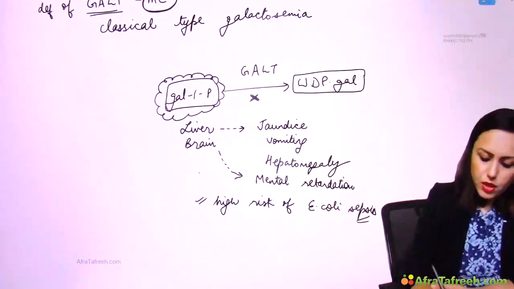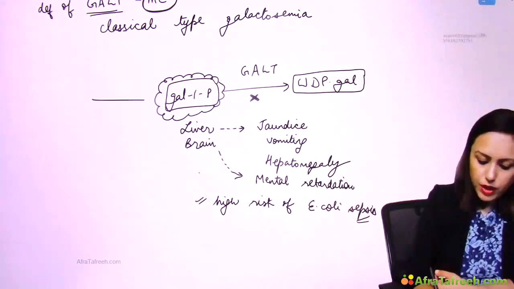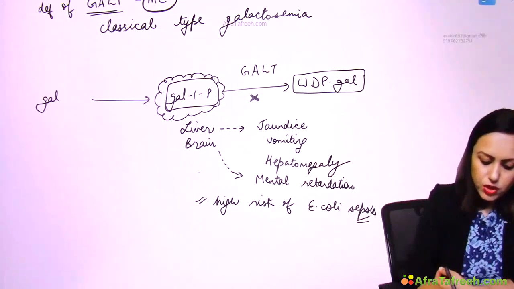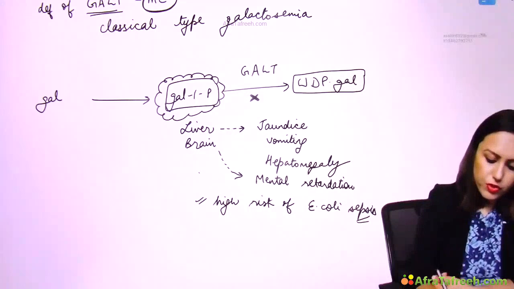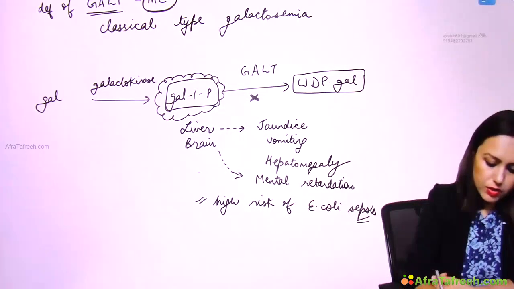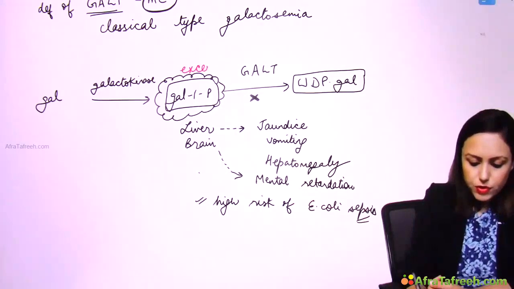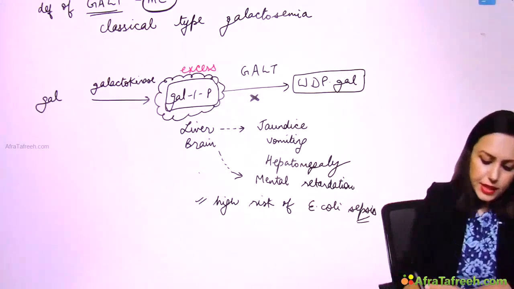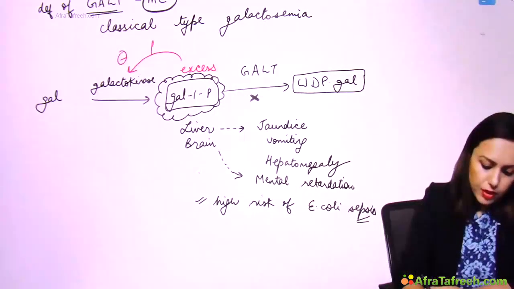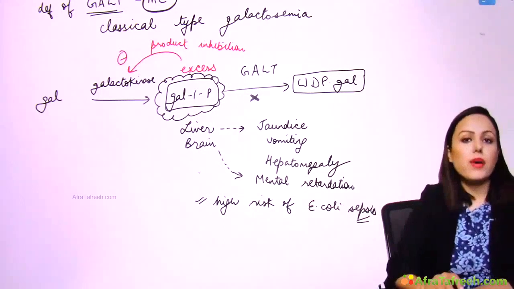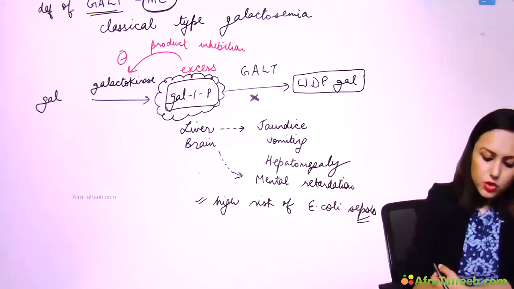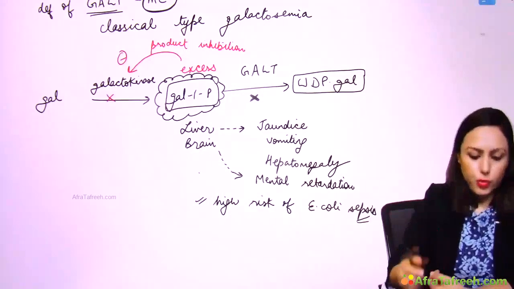See how? You know that before galactose 1-phosphate, which reaction was there? Galactose to galactose 1-phosphate, the enzyme is galactokinase, right? Now, when this galactose 1-phosphate is in excess, by product inhibition it will inhibit the enzyme galactokinase. So this reaction will stop occurring.